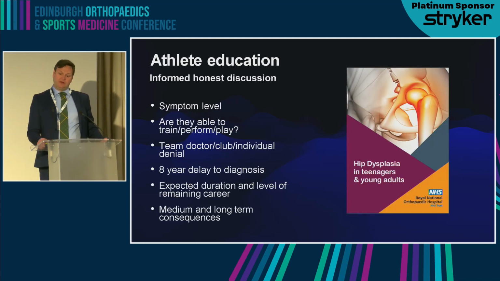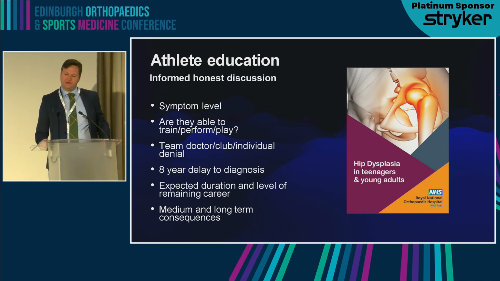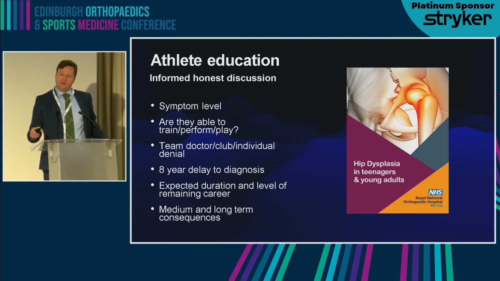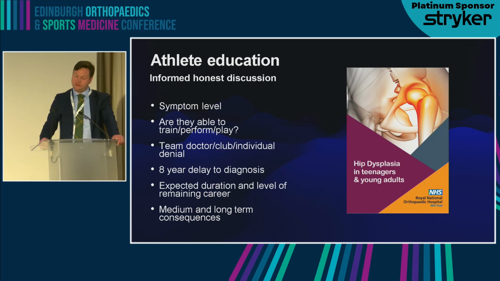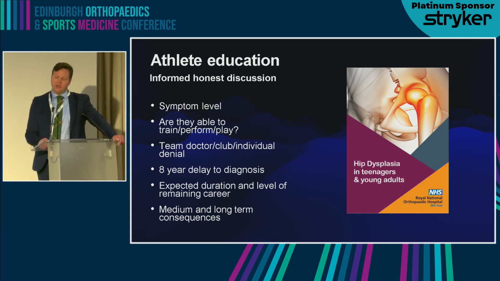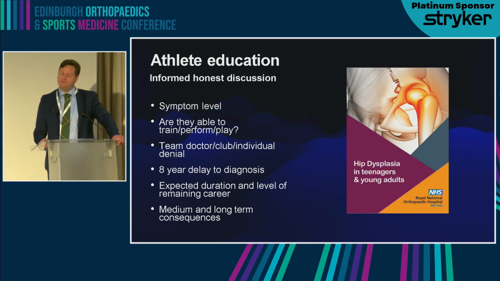So I think it's really, really important. We have an obligation to educate ourselves, but we also have an obligation to educate our patients. I really hope that you can download this booklet, which is available from the Royal National Orthopaedic. It was put together by 2 excellent physiotherapists who themselves both have hip dysplasia.